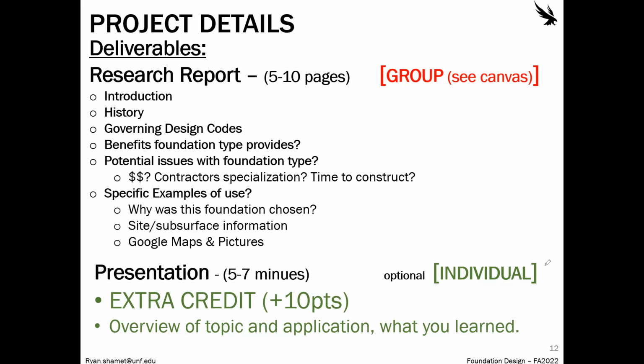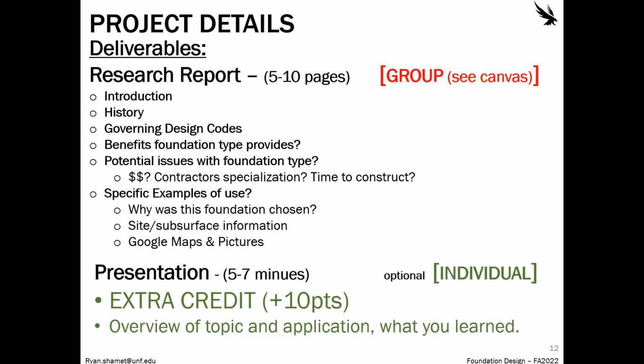Again, it's optional extra credit, but I understand that in group research reports, sometimes people work harder than others. So if you feel really confident about your research project and you did a lot on it, you can make a quick presentation explaining that, and you'll be able to get a little extra credit.